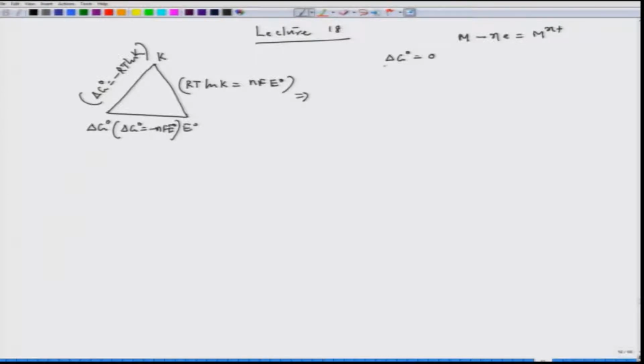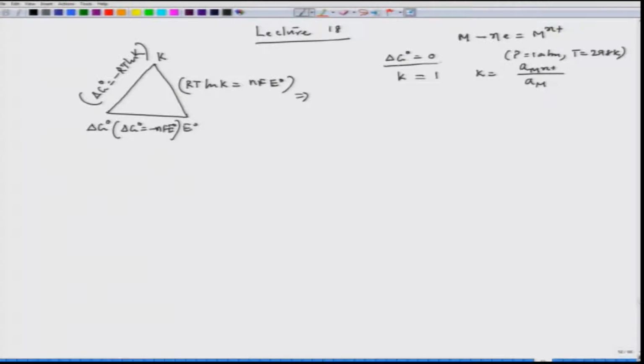If we consider the standard free energy change delta G0, that means P equal to 1 atmosphere, T equal to 298 Kelvin, then K would be 1. K is nothing but the activity of M n plus divided by the activity of M.